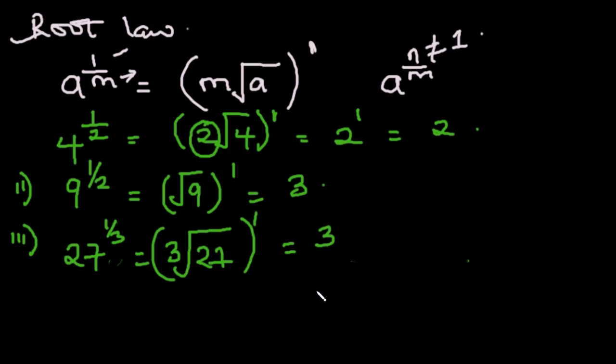So the only difference between this root law and the fraction law, like I've said, is when the numerator is not equal to 1. So let's take an example like 125 to the power of 2 over 3. You can see that my numerator is not 1.